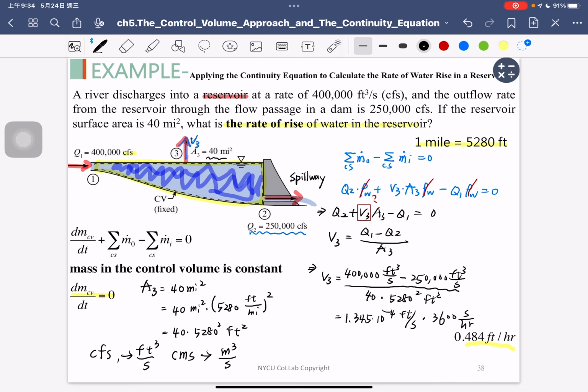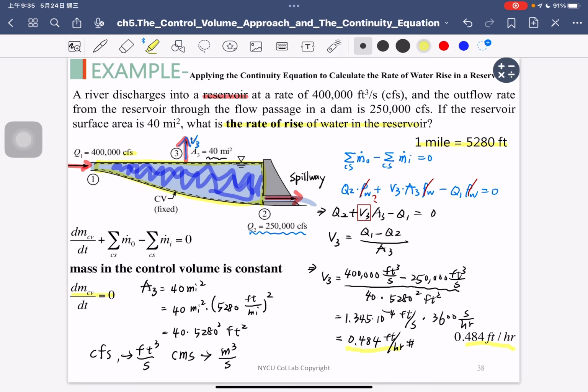So you can rewrite the unit if you multiply by 3600 seconds. Finally, you have 0.484 feet per hour. Okay, so this is our final answer. The water will rise at 0.48 feet per hour.